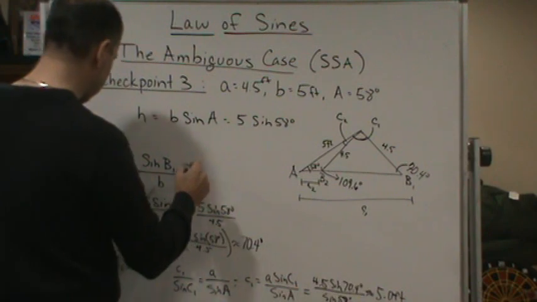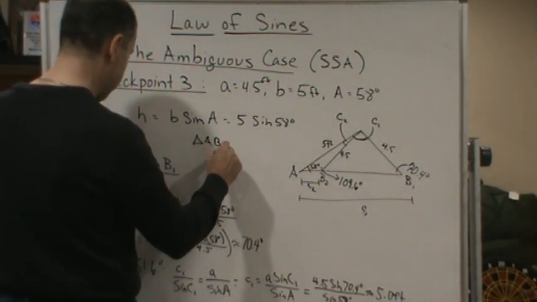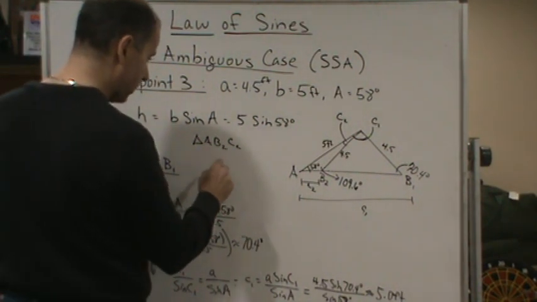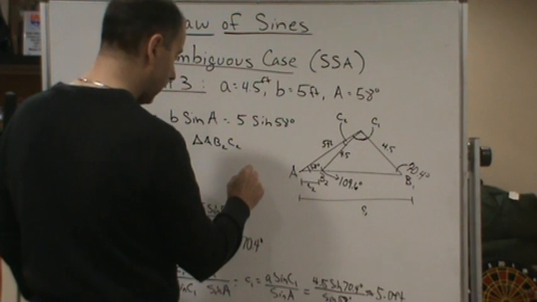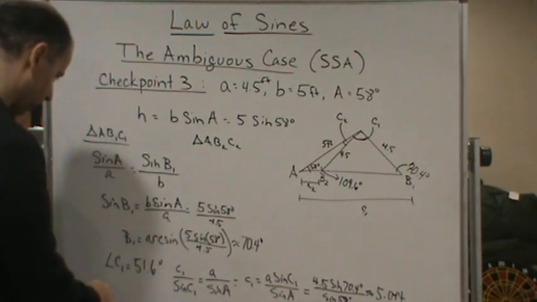Now what about triangle A, B2, C2? Well, we know C2, right? So we just found, or B2. So B2 we know we already did.